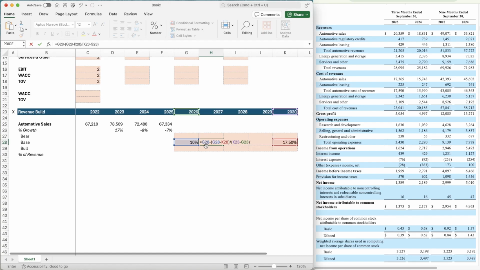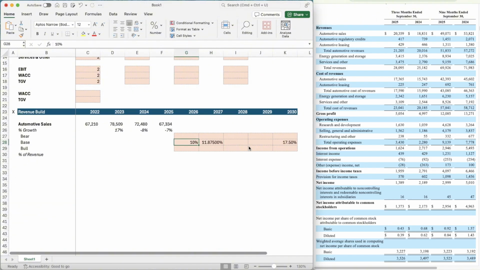So we don't need to do that with this one nor this one, but we want the column to always be K. We want the row to update as we're going down into the different revenue segments. We want this to always be fixed, so we lock in both the column and the row. Then for this, we want the row locked, but not the column. So we just put the dollar sign. If we want to lock something in, we just put the dollar sign in front of it.